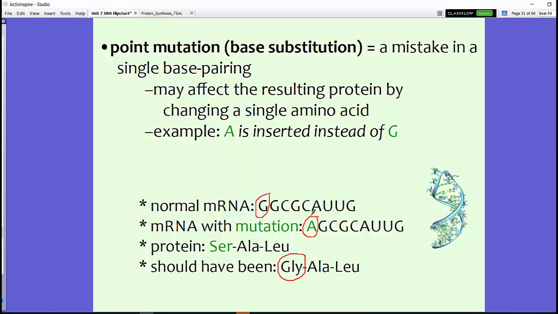However, because we have that A inserted instead of G, we actually will get serine. Serine is a different amino acid. This could change the entire peptide chain or the protein chain, and it could cause some devastating effects. It might not, but it could. So, one single base pair mistake could have an effect on what type of amino acid is placed in the sequence.